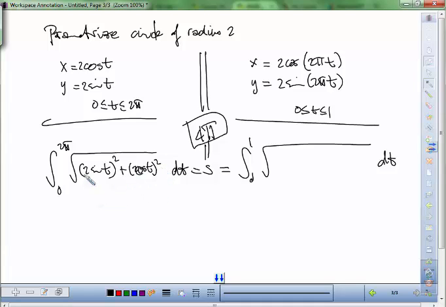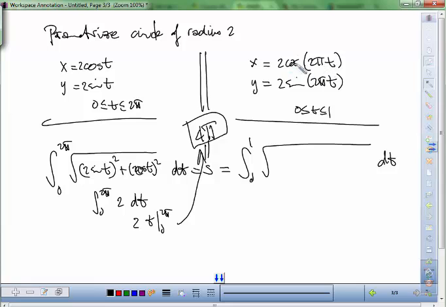So it looks like there's a 4 in there. Take it out, it becomes a 2 from 0 to 2 pi. So that turns out to be 4 pi. So that checks to 4 pi.